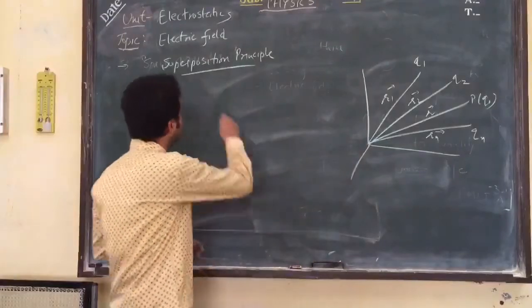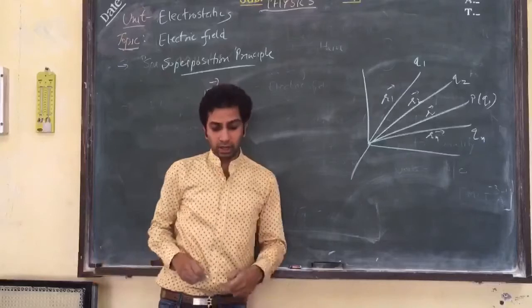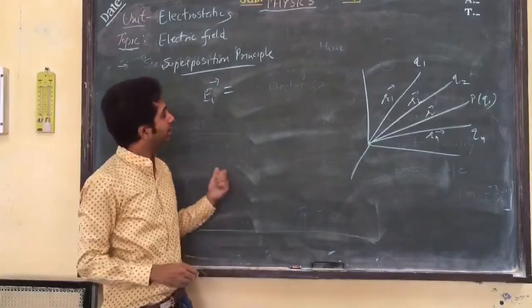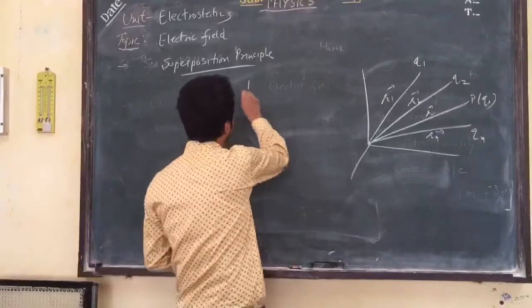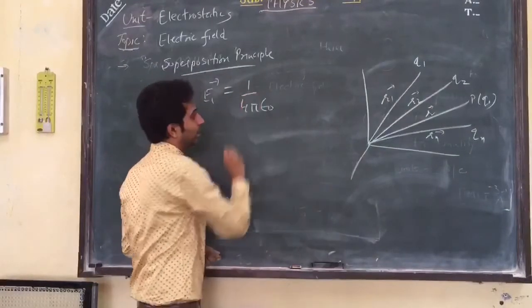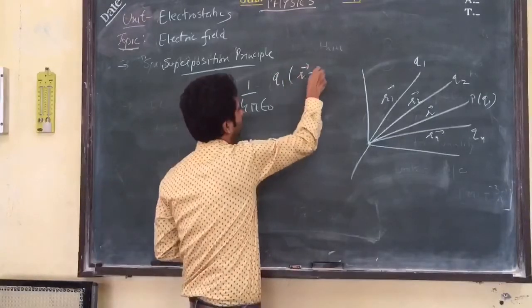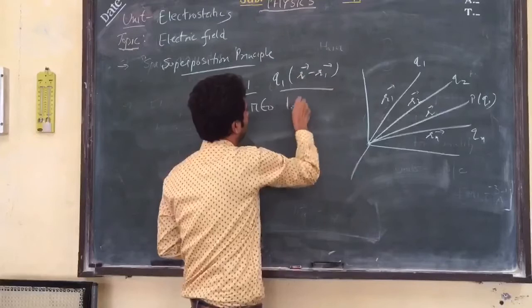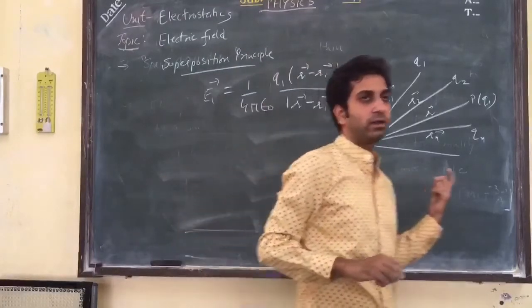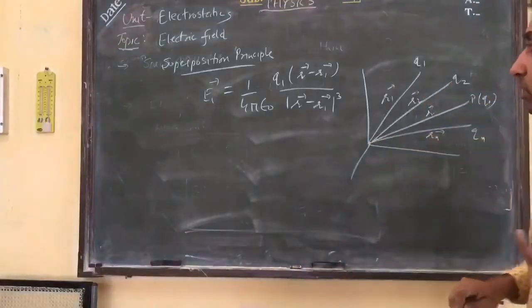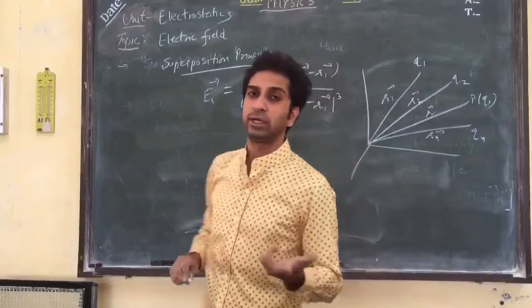If I write the expression using vector notation of the forces, we can write the electric field due to the Q1 charge as 1 by 4 pi epsilon naught Q1 (R minus R1) divided by magnitude of R minus R1 cubed. Already we defined this expression in the last lecture on force. Simply force divided by charge is given as electric field intensity.